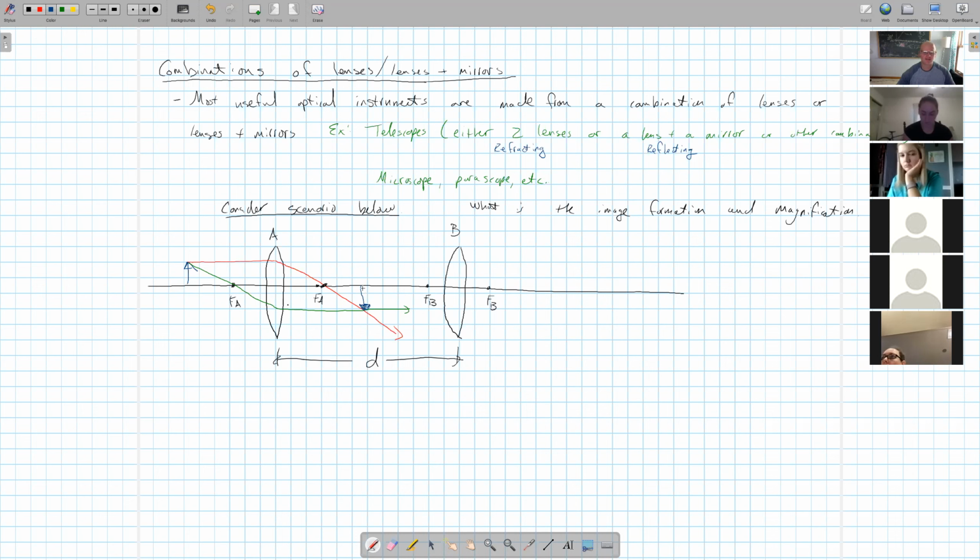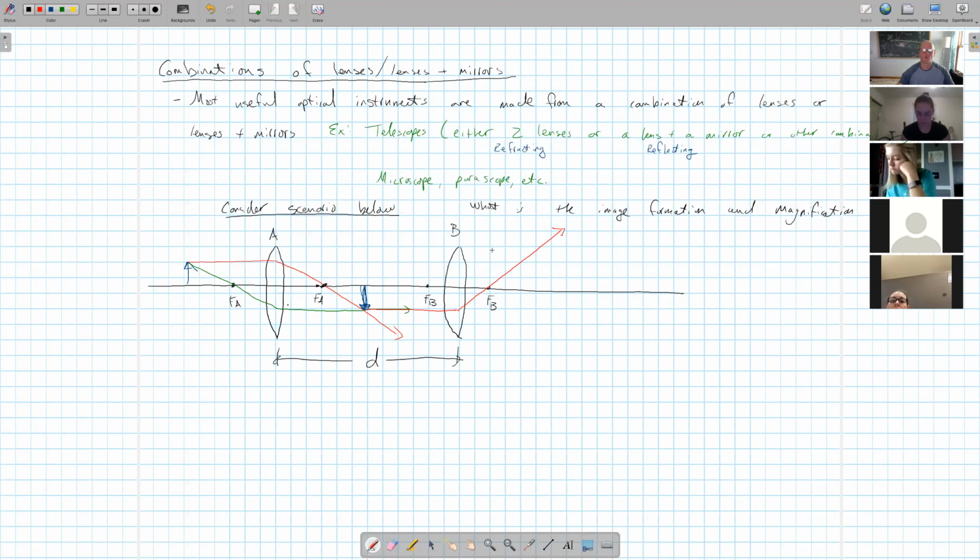Now this image, even though it's the image from the first lens, becomes the object for the second lens. For the second lens, we ignore the fact that the first lens exists, and redraw our ray diagram using this as our object, which we'll call object number 2. Again, we draw ray number 1: it goes through the center of the second lens and gets refracted through the focal point of the second lens.